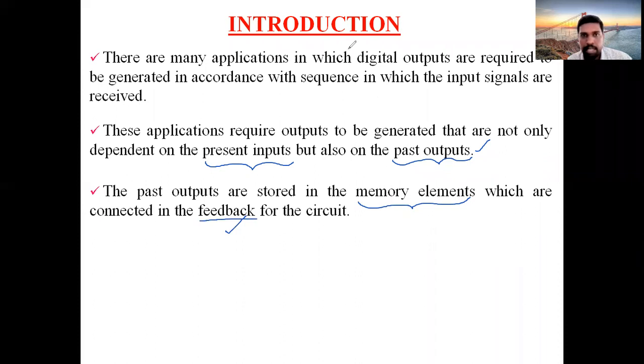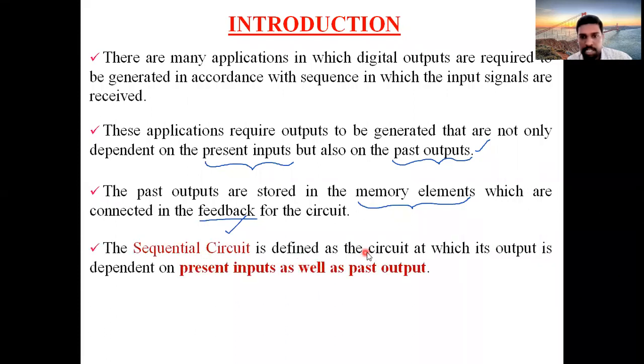Okay, next step. The sequential circuit is defined. This is the definition we are seeing now. A sequential circuit is defined as the circuit at which the output is dependent on the present inputs as well as past outputs.